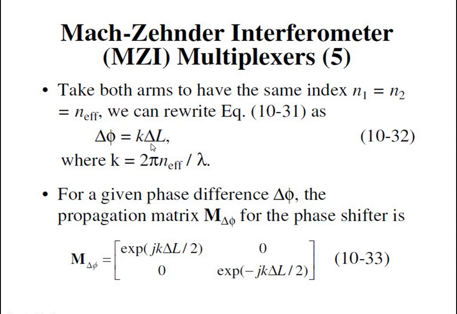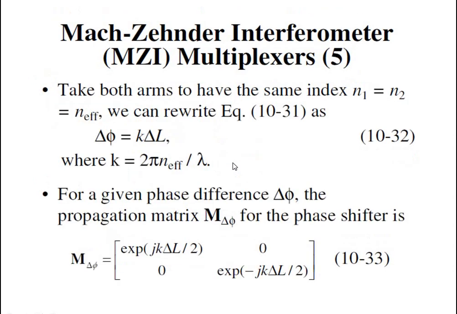Then we can write the equation of phase difference as k times delta L, where k is nothing but 2 pi n effective divided by lambda.